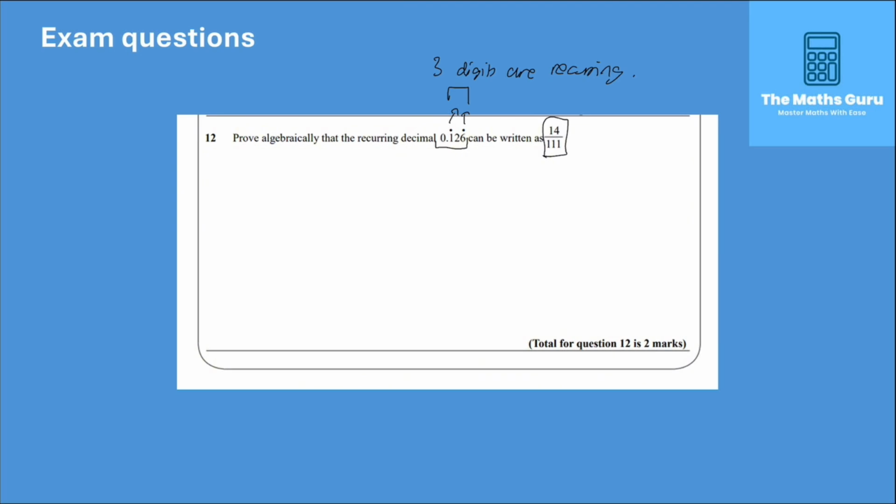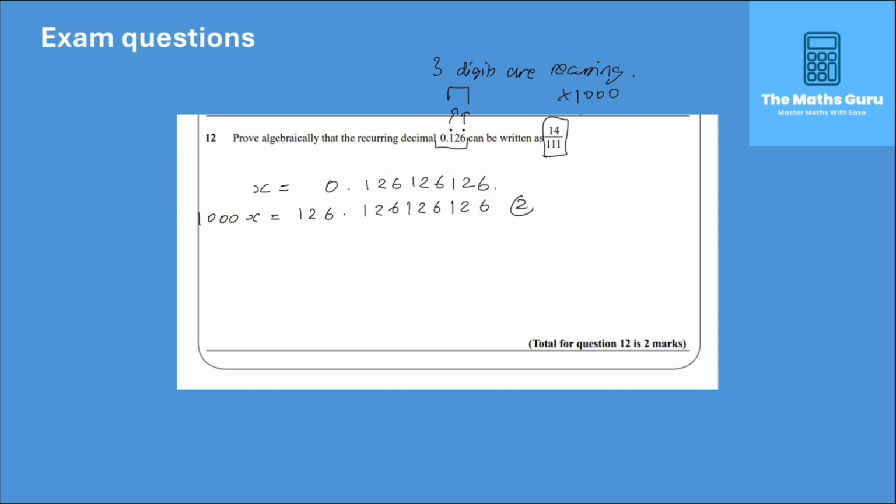Therefore, in this case, we're going to have x is equal to 0.126, and because there's 3 digits recurring, we're timesing by 1000. So 1000x is going to be equal to 126.126126126.